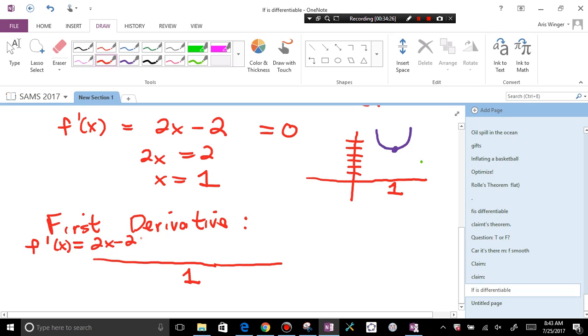Now we did something like this earlier. I was hinting towards this very moment where we invoke the intermediate value theorem to suggest that we can pick points on both sides of the number 1, and whatever number we get when we plug into the derivative represents the sign for the entire interval.